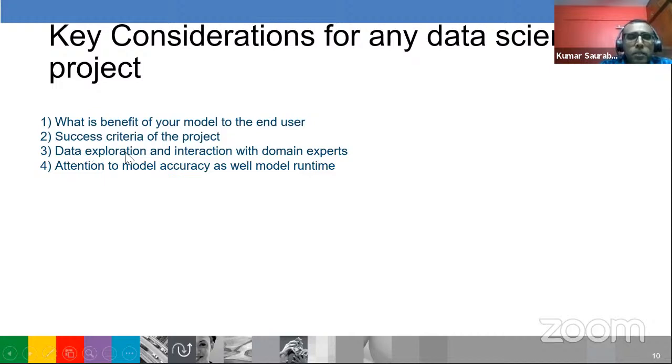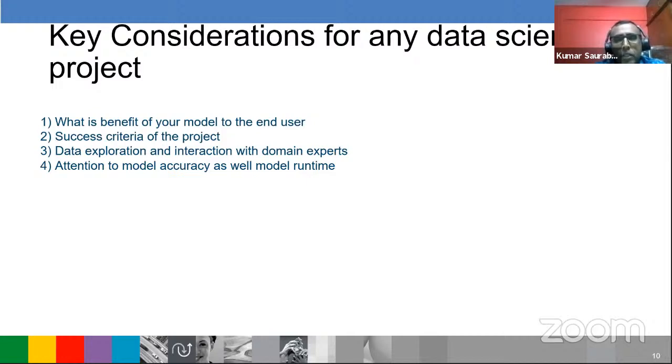And the third point, again very important, is data exploration, which helps you understand the data, right? How the data is, and this also helps you in asking the right questions. When you start exploring data, a lot of questions start coming to mind, and that leads you to interacting with the domain experts, right? In the forecasting problem I was talking about earlier, we were having a lot of discussions with our clients, the domain experts.